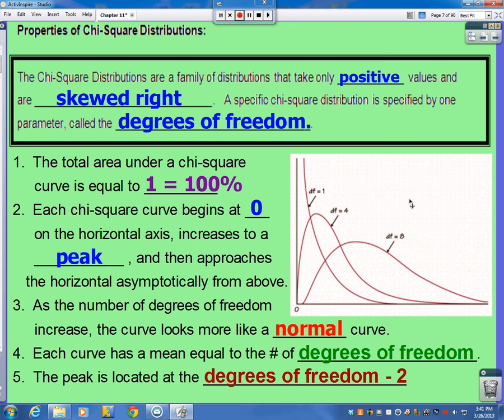A chi-squared distribution is specified by one parameter called degrees of freedom. So that's nothing new. We still have this concept of degrees of freedom. So there will be different looking chi-squared distributions depending on the number of degrees of freedom. The total area under a chi-square curve is 1 or 100% still. Each curve technically starts at 0, but if you look at this degree of freedom 1, it doesn't really look like it starts at 0.